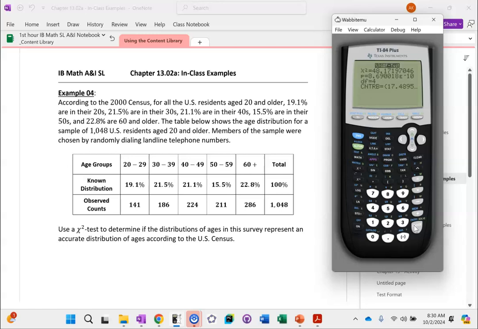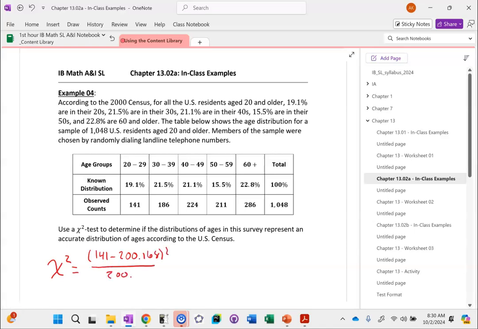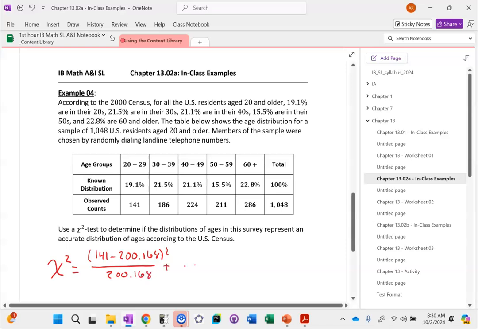So the way I would write my work here on my piece of paper, I'd say chi-squared equals 141 minus, and I think that number was 200.168 squared over 200.168 plus dot dot dot plus 211 minus 238.944 squared over 238.944.